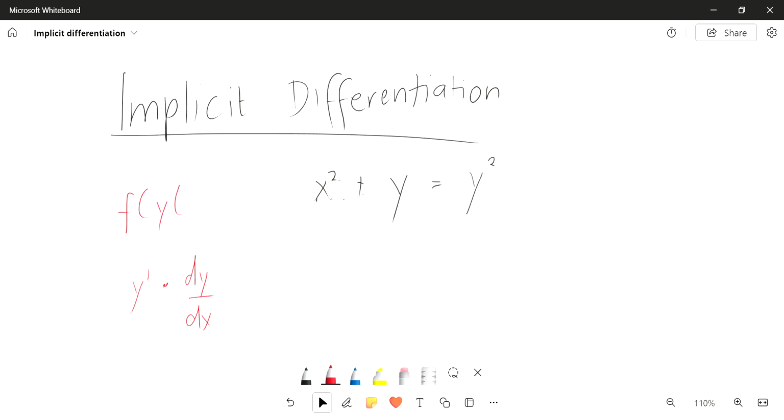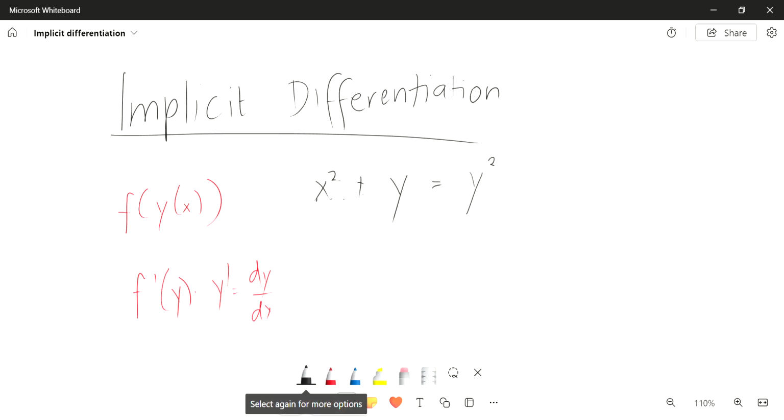So f of y of x. That means your derivative is f prime of y multiplied by y prime, which is dy over dx. So essentially what you would be doing is differentiating this with respect to y and then adding dy over dx at the end, because everything else is differentiated with respect to x.